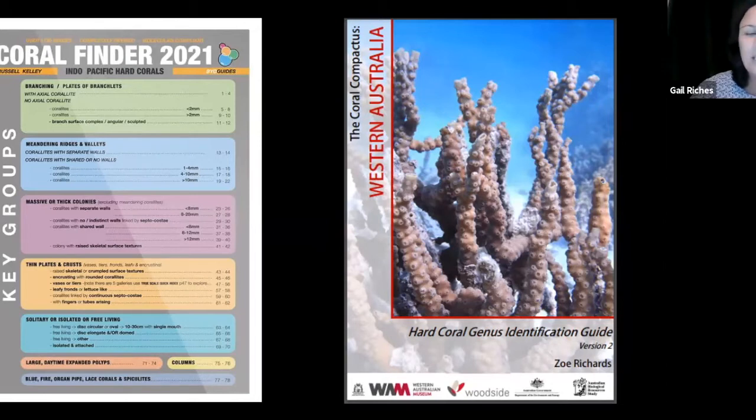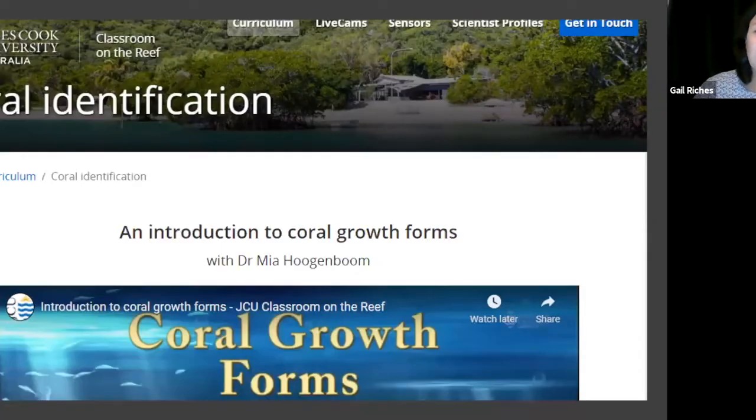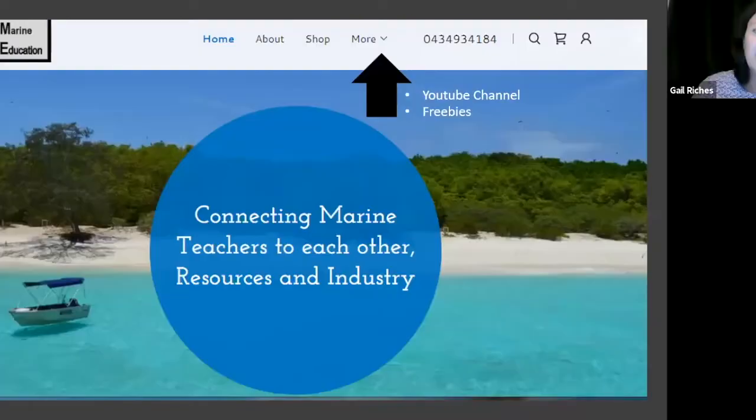It's under bio guides. It's recently been updated, so that's a fantastic resource as well, and it's really affordable, and there's some fantastic information there. On the right is another great coral ID guide from the Western Australian Museum that is available online. There are some fantastic videos that you can watch provided by James Cook University and Dr. Mia Hugenboom. And then I have my website as well. So I'll throw that in there.